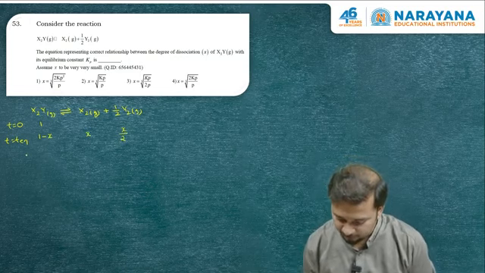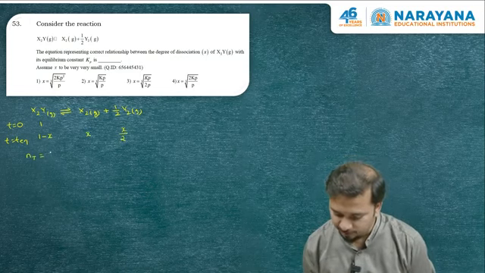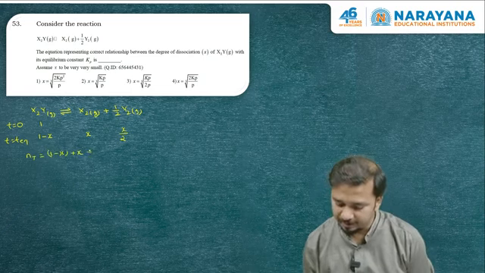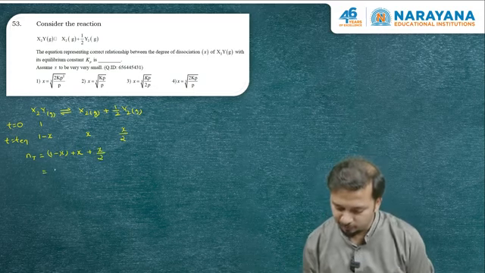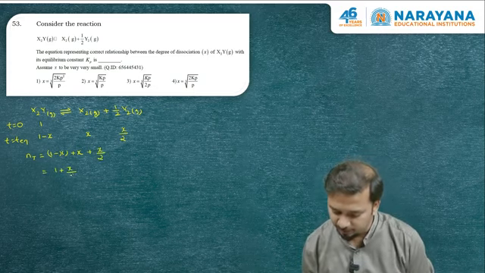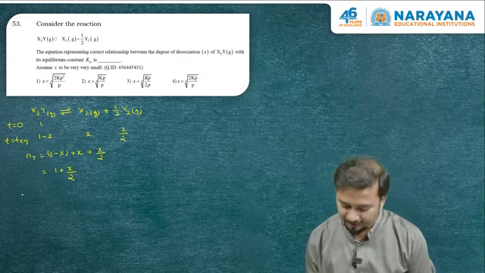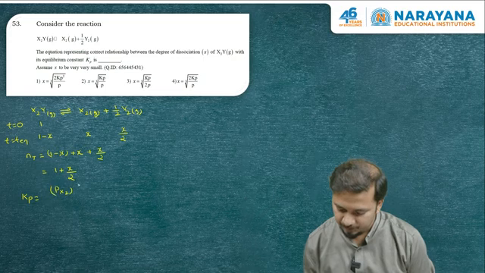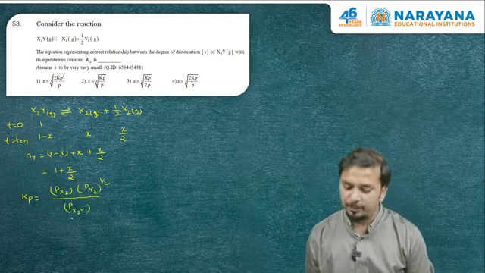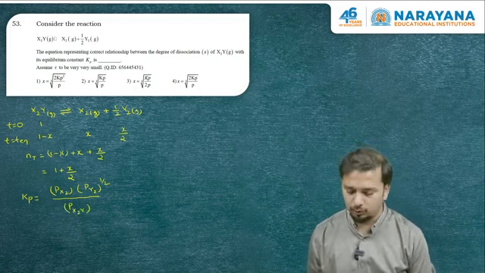So if we see total number of moles at equilibrium, it will be 1 minus X, that is moles of X2Y, plus X, which is moles of X2, plus X by 2, which is moles of Y2. So total number of moles at equilibrium is 1 plus X by 2. Now expression of Kp will be equal to partial pressure of X2 into partial pressure of Y2 raised to the power 1 by 2 upon partial pressure of X2Y. Now we know partial pressure is equal to mole fraction into total pressure.